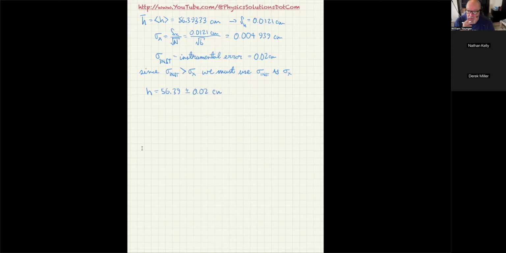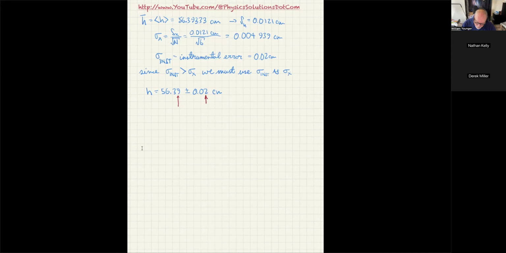So the important point to notice here is the error has been rounded to 1 sig fig. 0.02 is the error, and that sig fig is in the hundredths place, and that has to line up exactly with the digit that you round the actual best estimate to.